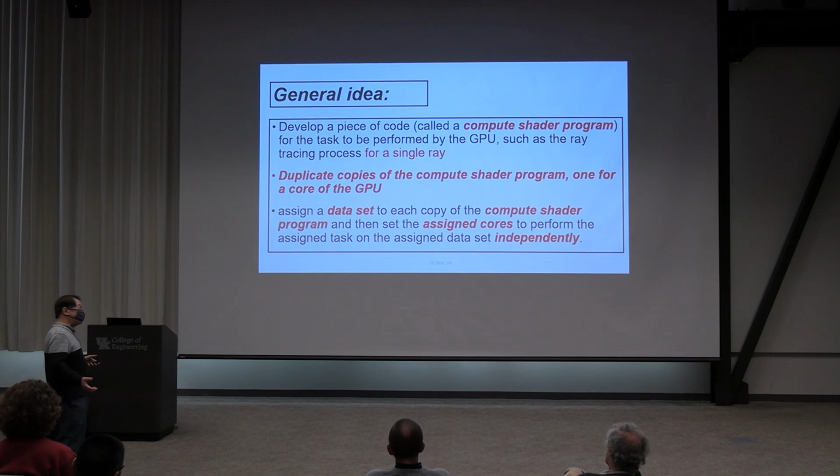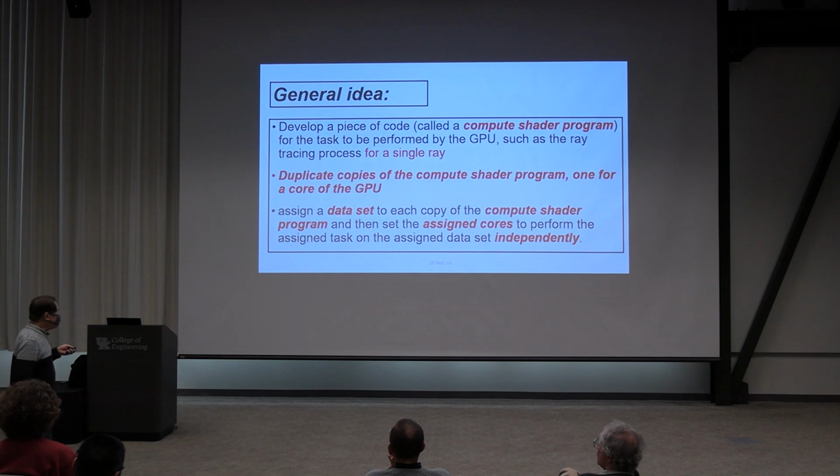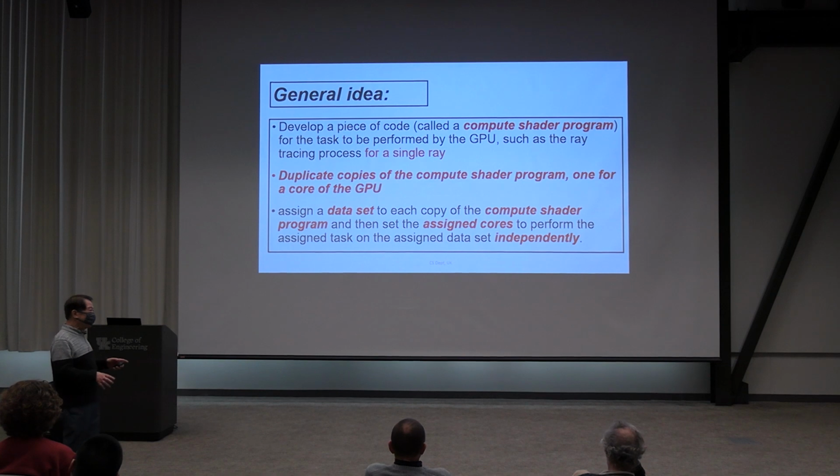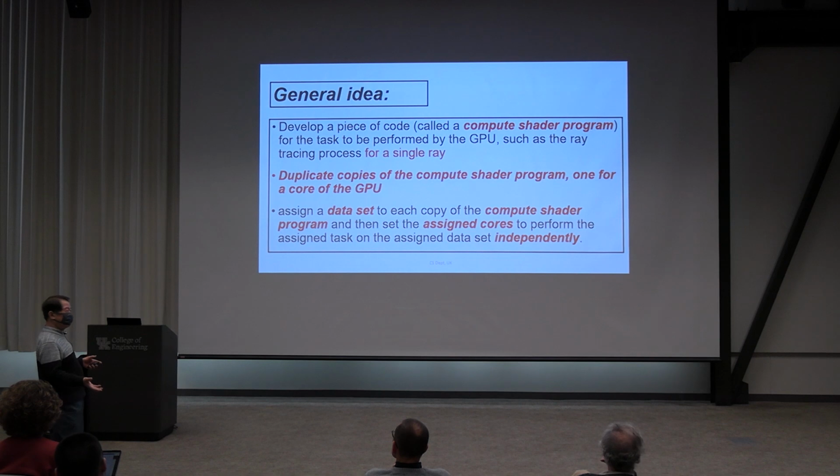So if you have 1,000 cores in your GPU, then you can make 1,000 copies of your compute shader program. And then assign a data set to each copy of the compute shader program, and then set the assigned cores to perform the assigned task on the assigned data set independently. This means that all those cores can perform the same task independently at the same time, only on different data sets, for instance, on different rays.